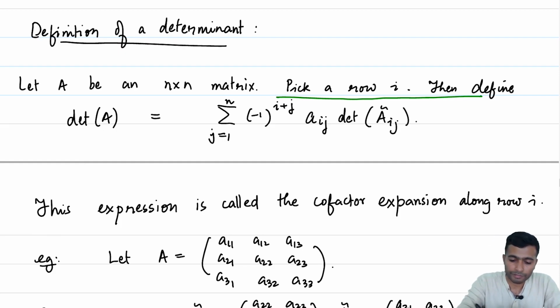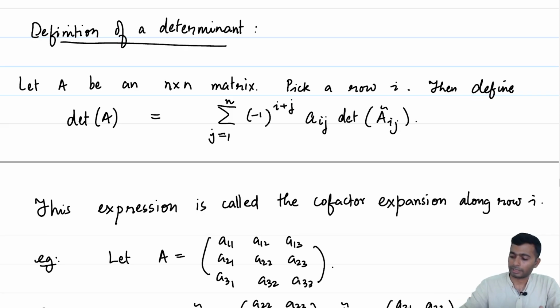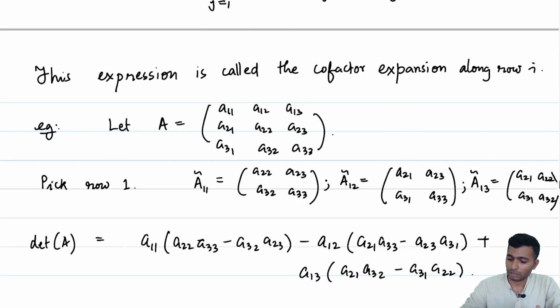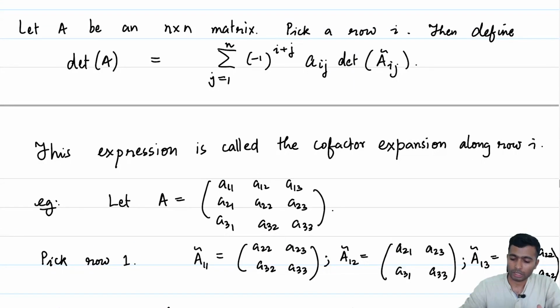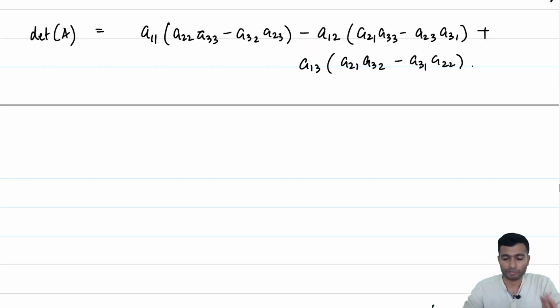Then determinant is not a well defined quantity, right? But as it happens, expansions around different rows will give us the same number. It is a remarkable property which I will not be proving for lack of machinery, let me put it that way. But this is something which you should keep in mind, maybe at a later date when you look at more advanced mathematics, a simpler proof can be given than what can be given here.